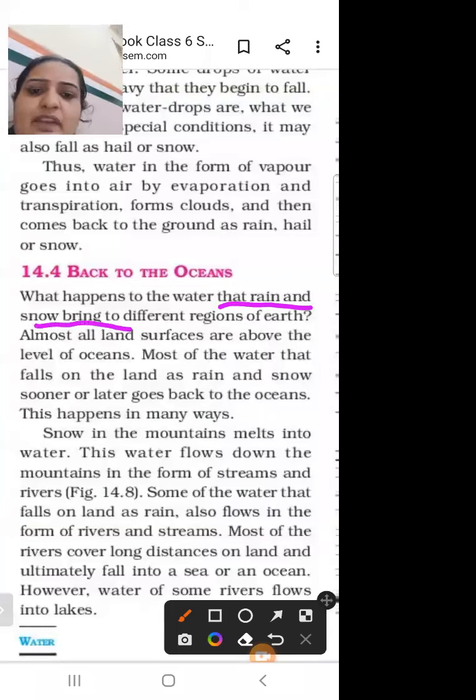So where does rainwater go, where does snow water go? Almost all land surfaces are above the level of the ocean.